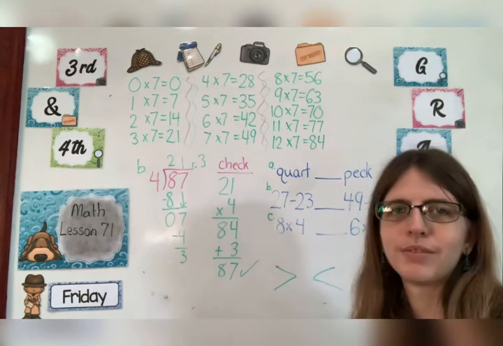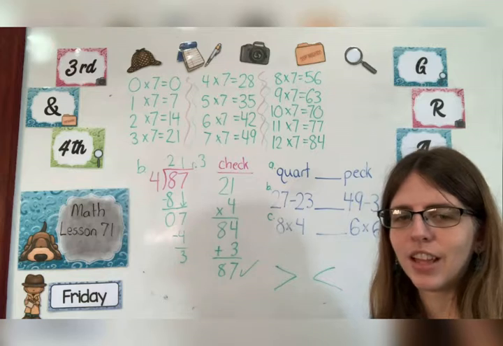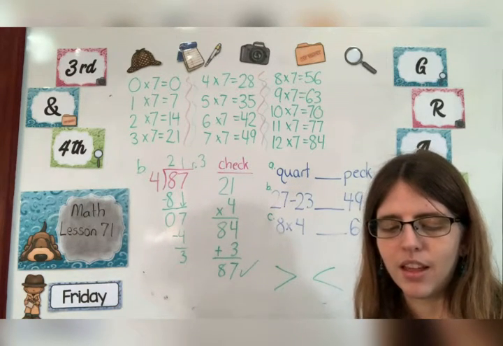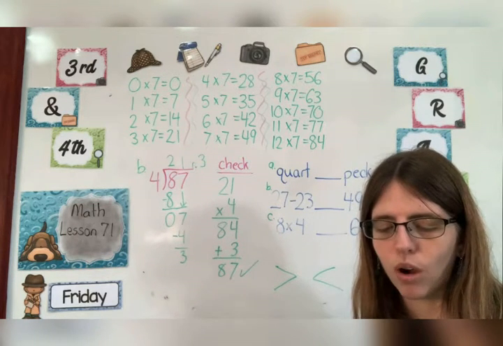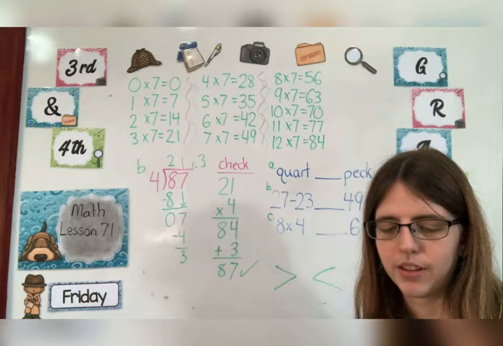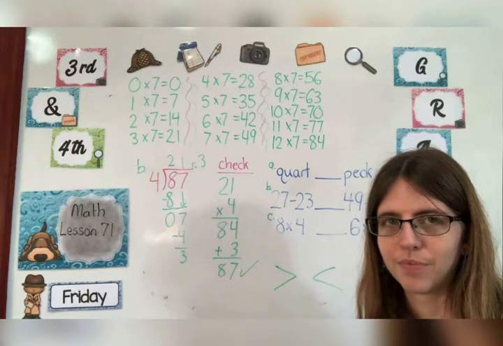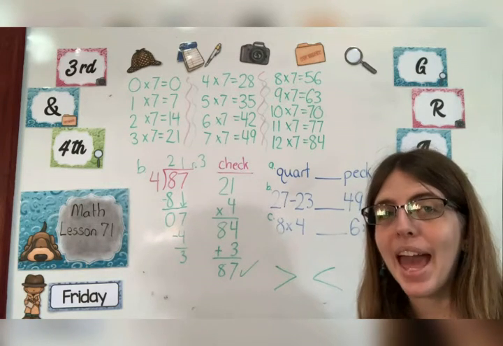Quart and peck. Which one is bigger, the quart or the peck? Let's think back to my measures. Do I have quarts in pecks or pecks in quarts? I have quarts in pecks.